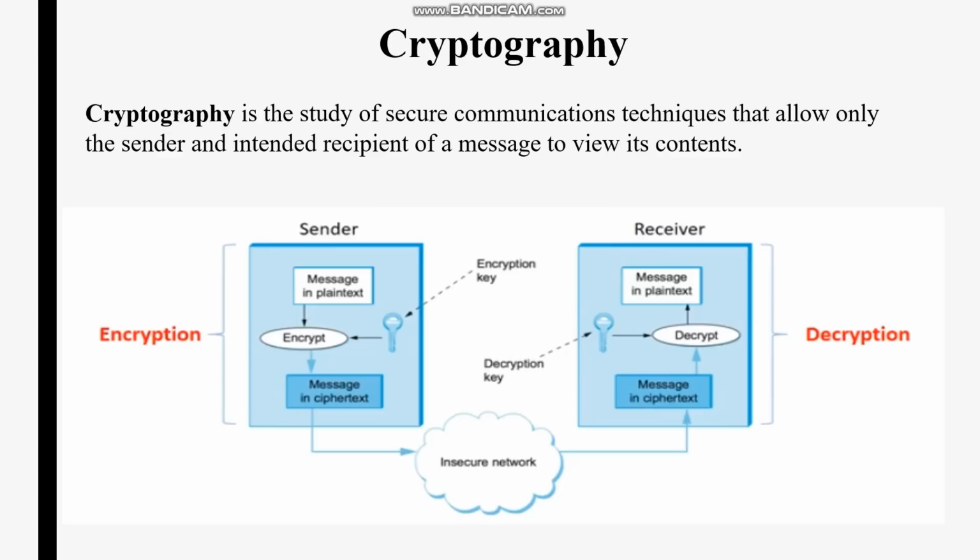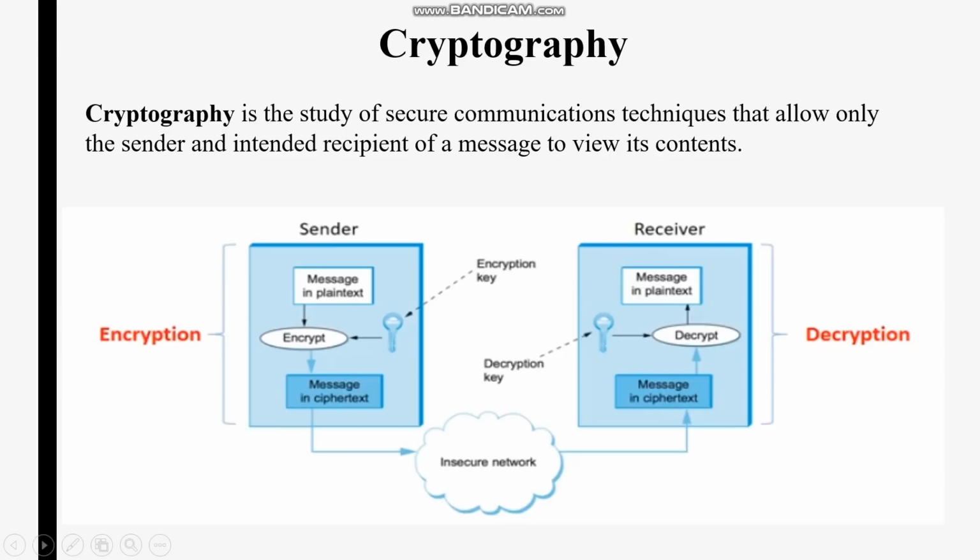It is the study of securing communication, a technique which allows only the sender and the intended recipient of the message to view the content, in the presence of a third party or an intruder. That is nothing but cryptography.